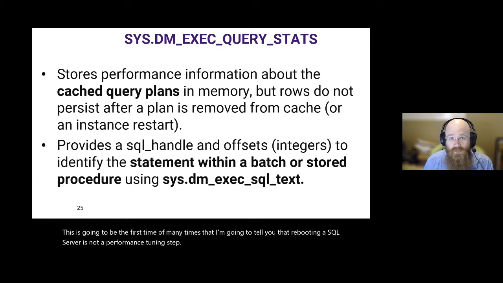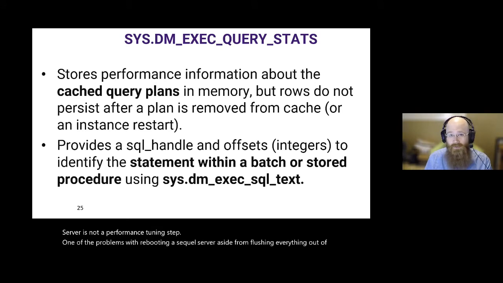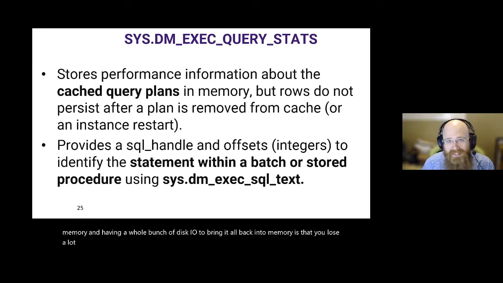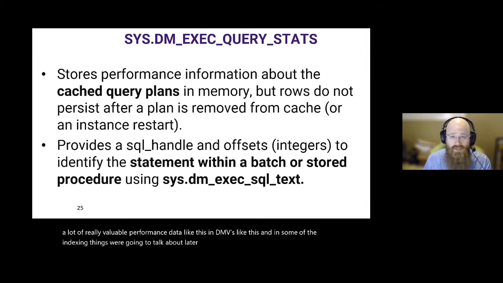One of the problems with rebooting a SQL Server, aside from flushing everything out of memory and having a whole bunch of disk I/O to bring it all back into memory, is that you lose a lot of really valuable performance data like this in DMVs like this and in some of the indexing things we're going to talk about later. You basically query the DMVs and no rows come back because those are all passively collected, and you lose that data whenever you restart the service, the SQL service, not just the SQL Server.